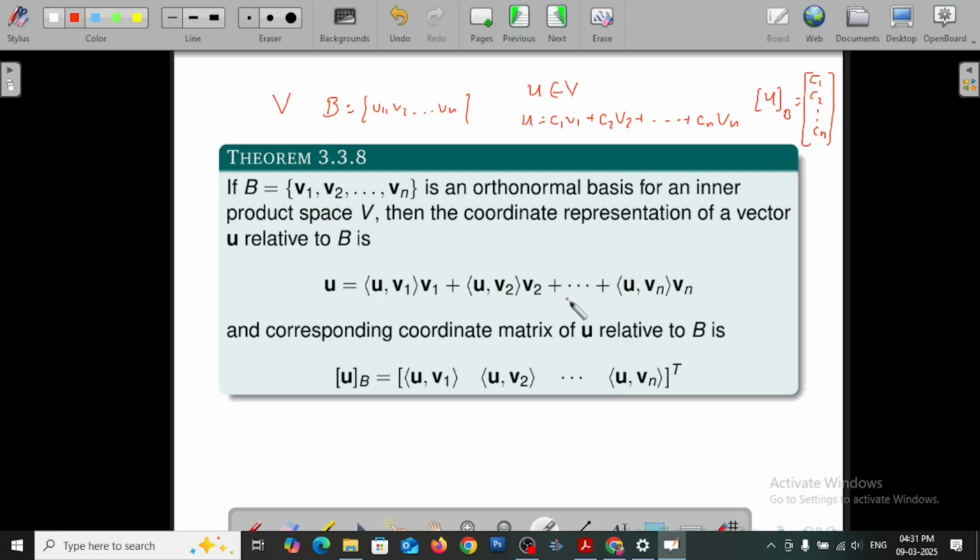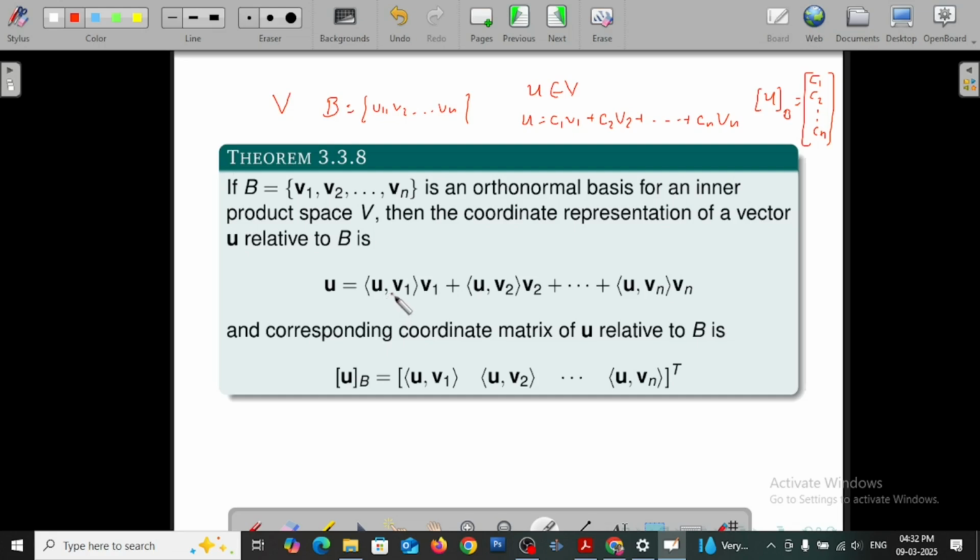vn in this expression. So the importance of the theorem is that if the basis of the vector space is orthonormal, then you can find the coefficients C1, C2, etc., Cn using this formula in a straightforward way. So here in the last module, we have calculated these coefficients C1, C2, etc., Cn by solving a system of equations. Here there is no need to solve such linear systems.